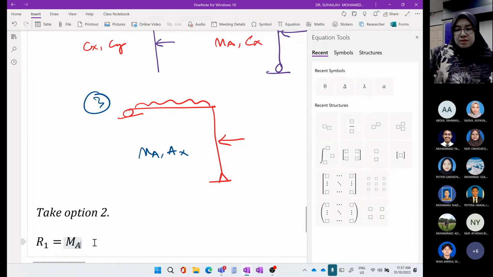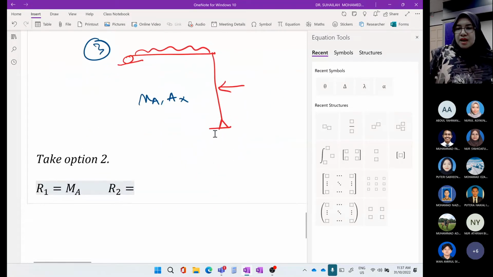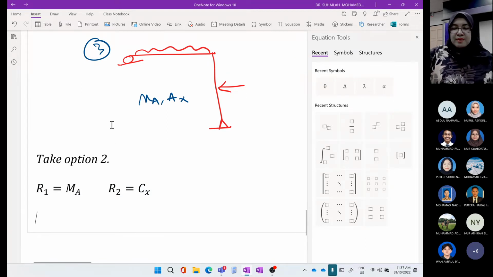Okay, and R2, CX. So having this, we will have compatibility equation.